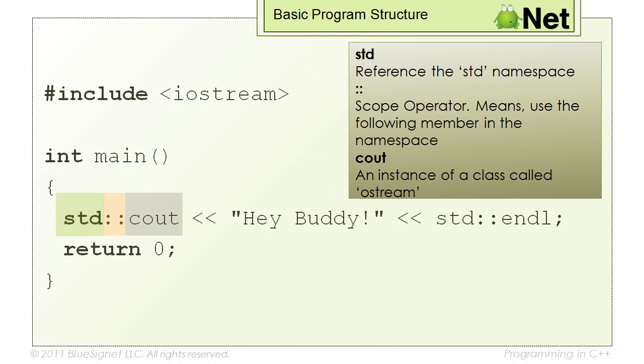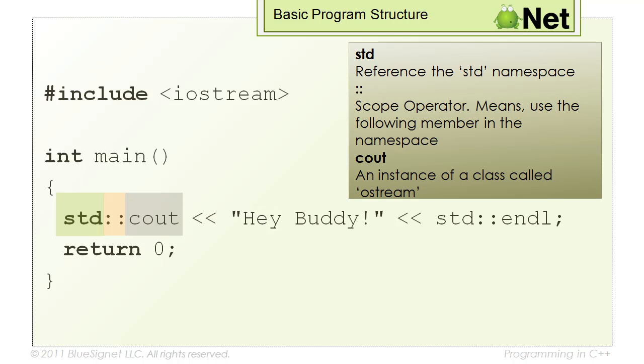So when we say std::cout, what we're saying is go to the namespace std, and then the scope operator, which is the two colons, says that the entity I'm about to mention belongs to the previous namespace. So cout is an instance of a class called ostream. So what I'm saying is go to the std namespace and use the instance of ostream called cout and then pipe it some information.